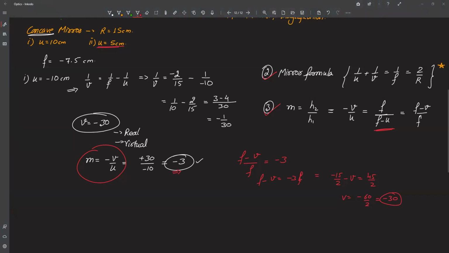Magnification is +3. So again, you found magnification first. No problem.